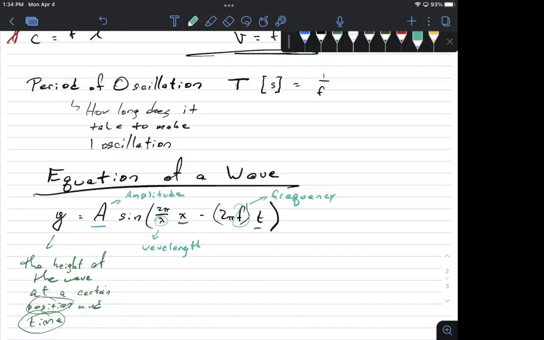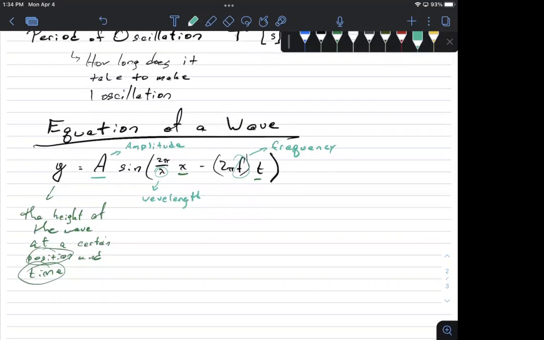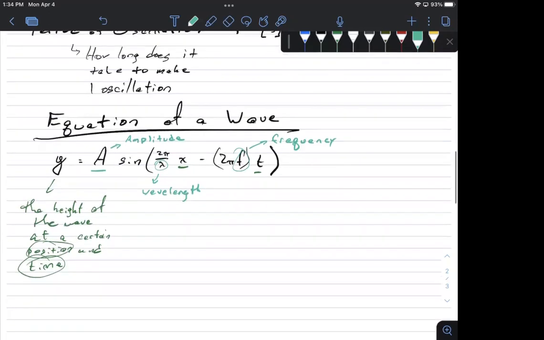But now, you could look at this equation and say, man, that's really messy. 2 pi over lambda and 2 pi f. I don't like that stuff. So what physicists did is they said, look, every time we do this equation, we always have to do this 2 pi over lambda business. So why don't we just come up with something new instead of wavelength?